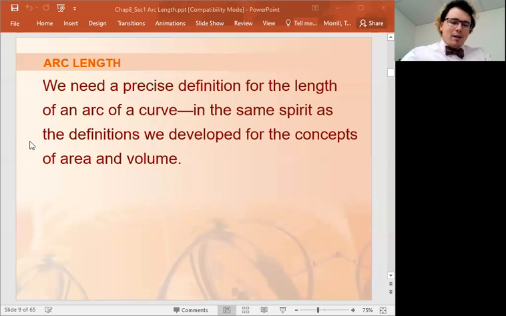So if I can relate this idea of the length of a curve back to Riemann sums, I will be in business.